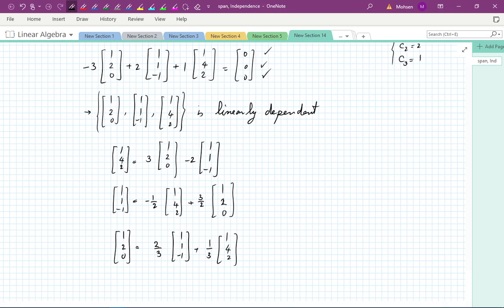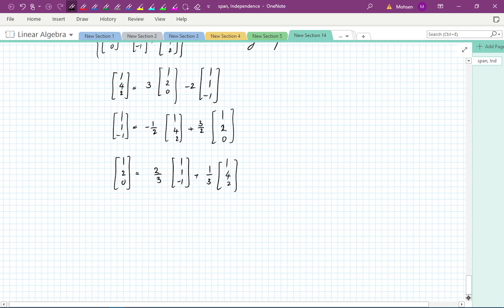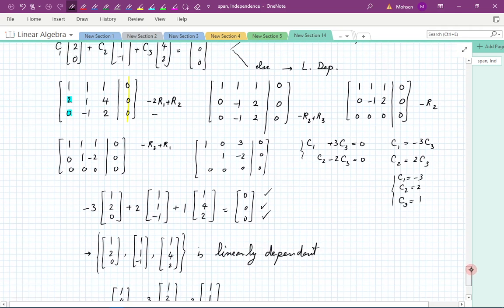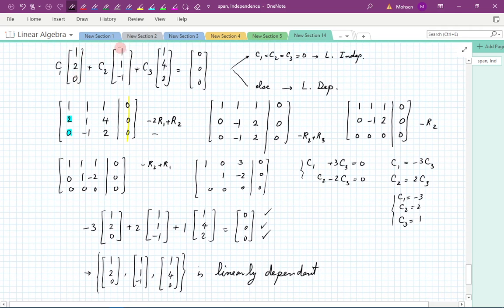Okay, so there are many problems related to this in your homeworks. We said there are two approaches to this problem. Another approach is to take your vectors, write them as row vectors of a matrix, and apply Gaussian elimination to make an echelon form.